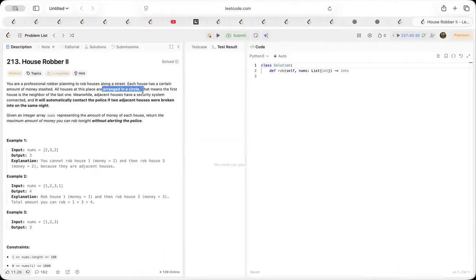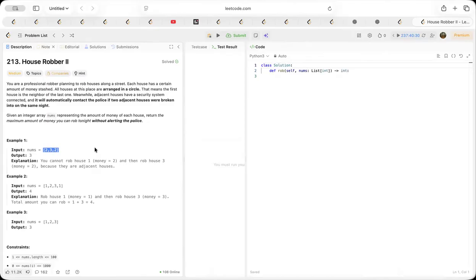So they're not in a line, and when they're in a circle, let's take a concatenated version of the numbers and then do it.